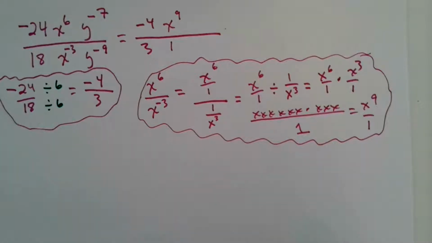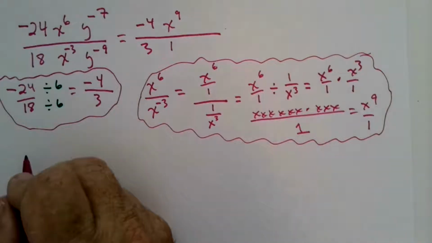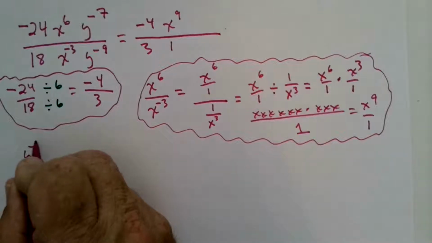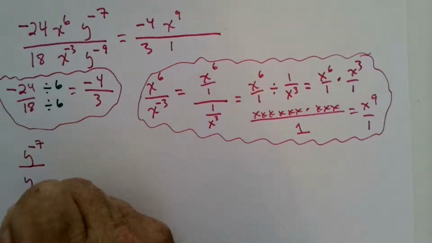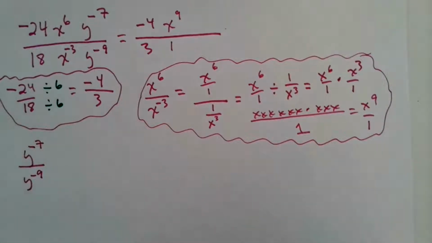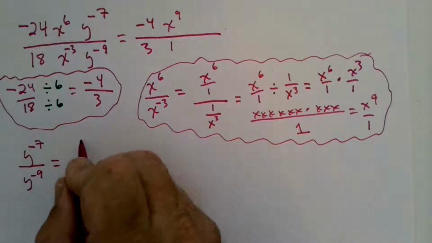So I have y to the negative 7 over y to the negative 9. Which means 1 over y to the 7th divided by 1 over y to the 9th.